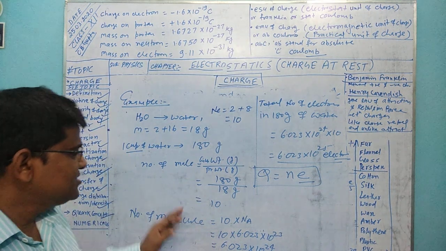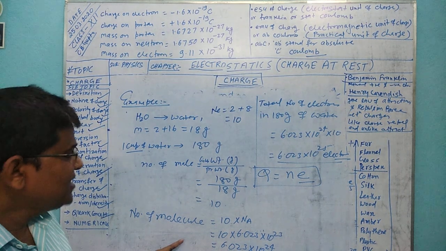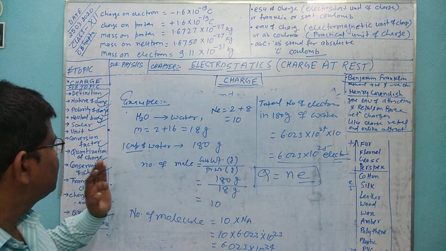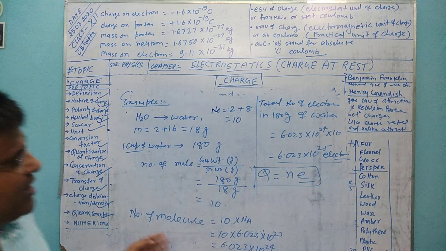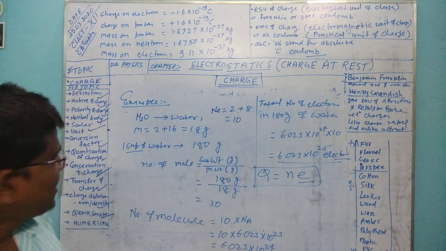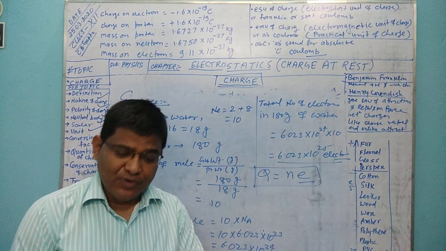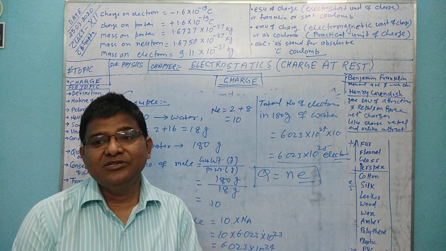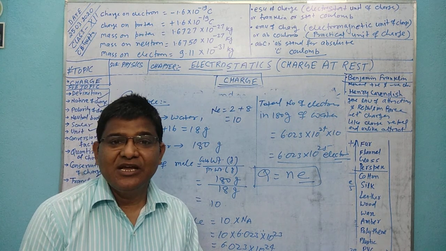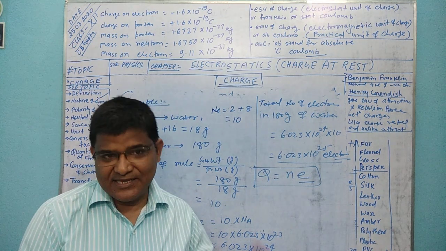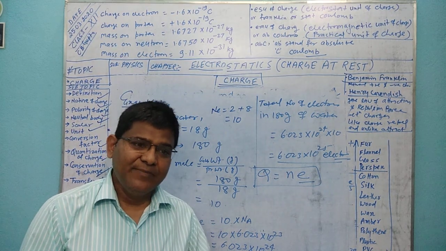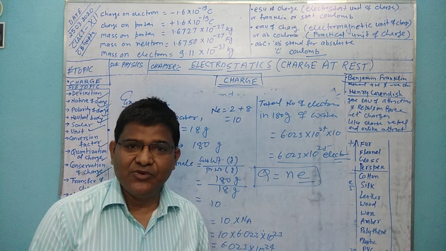This type of questions is also given in the NCERT book, and S.L. Arora also provides so many questions. And I hope you understand the whole topic of charge, and if you have any query or question, then send me on my personal WhatsApp number. Thank you very much.